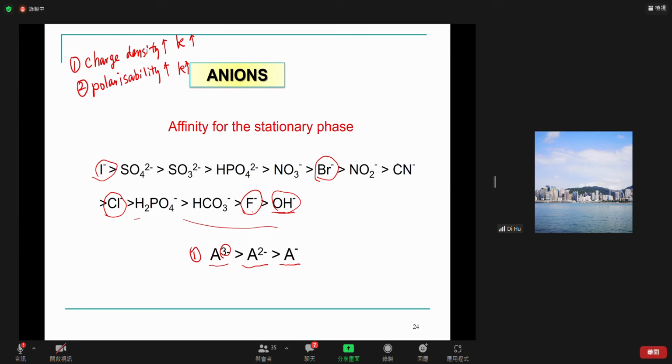So this one you should definitely know can be influenced by what? It can be influenced by pH, definitely, and ionic strength, and also the competing ion, right?